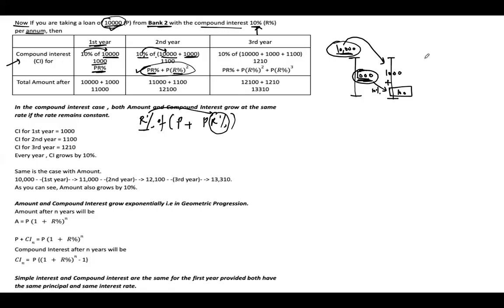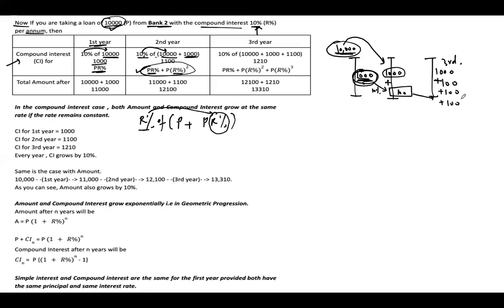Similarly, when I'm talking about interest for the third year, right now in the third year, what are you going to get? You will get 10% on this amount. You'll also get 10% on this amount as it's also in the bank. You'll also get 10% on this amount, and you'll also get 10% on this amount.